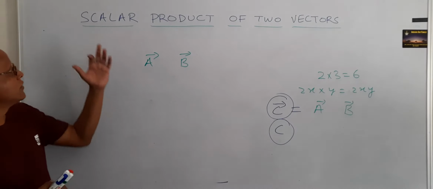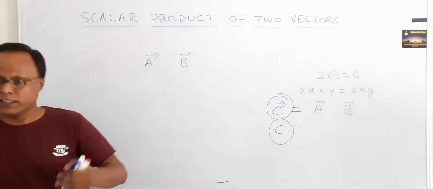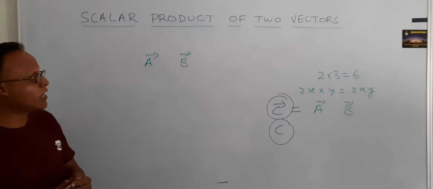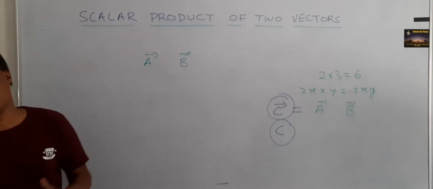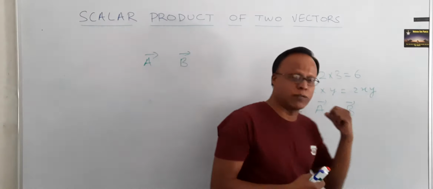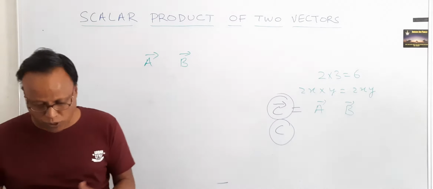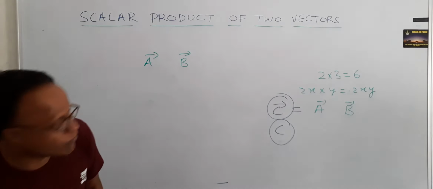The other is the vector product of two vectors. In this lecture today we only discuss the scalar product. But remember, when you multiply, we categorize it in two types: scalar product and vector product.